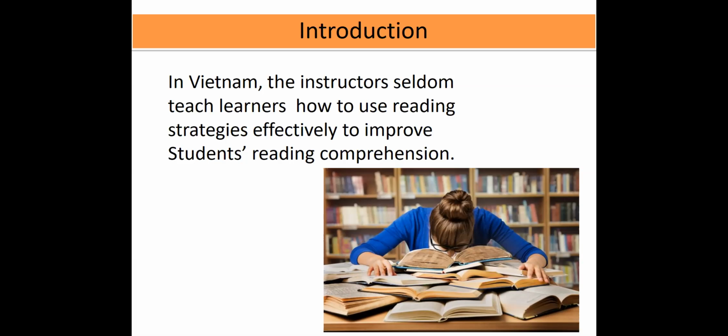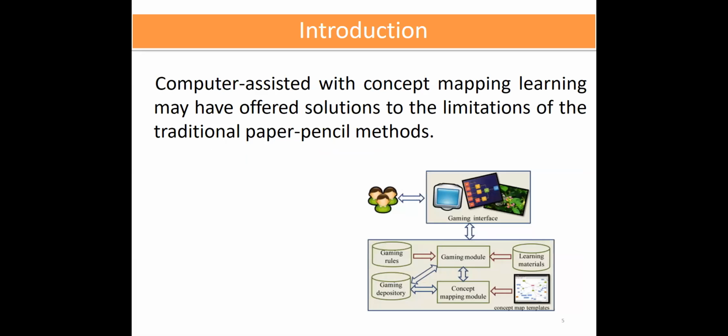So with the rapid development of technology in recent years, we don't need to use the mind mapping or the concept mapping with the pen or the paper and pencil. Now the computer-assisted concept maps have offered solutions to the limitations of the traditional paper-pencil method.